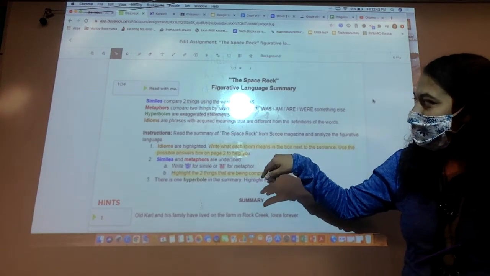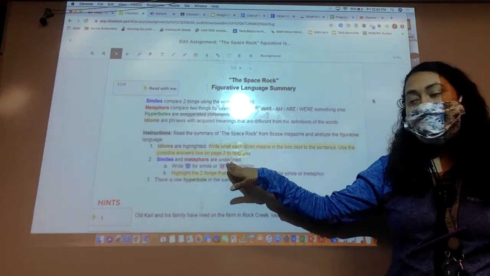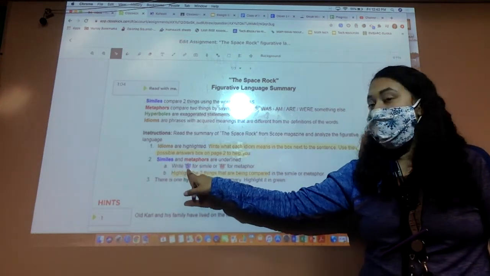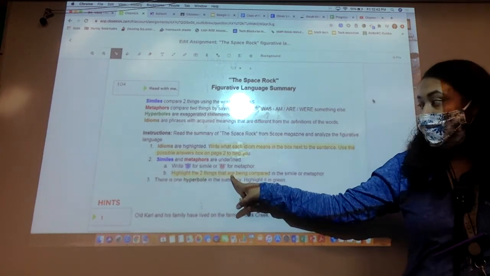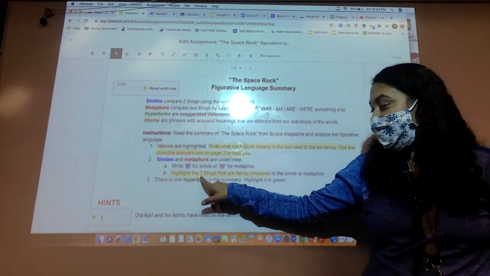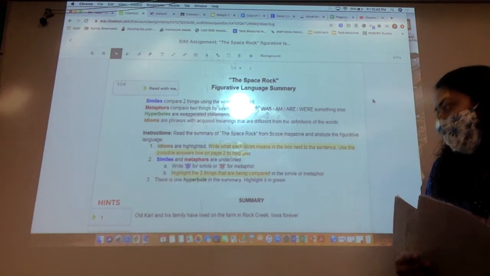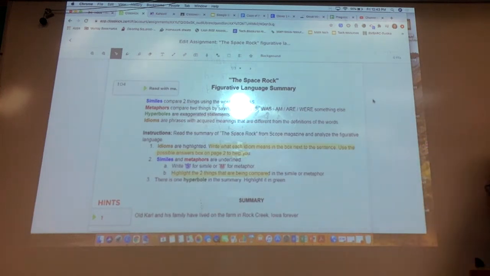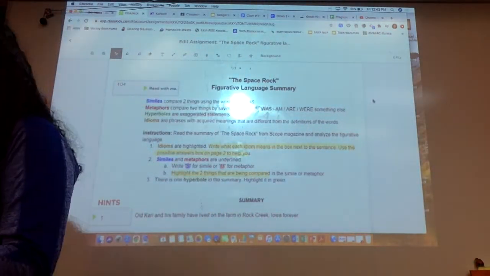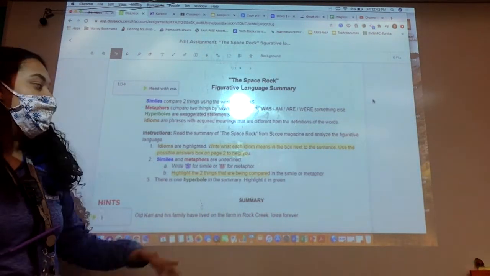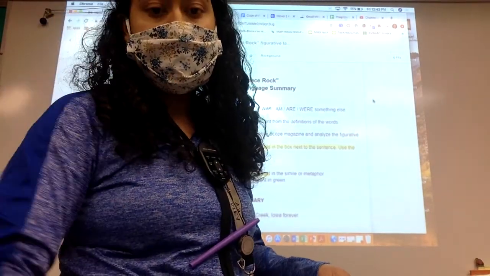Number 2, similes and metaphors are underlined. Write an S for a simile or an M for a metaphor. Then B, highlight the two things that are being compared in the simile or metaphor. 3, there is one hyperbole in the summary. Highlight it in green. So we're going to read as if we're reading through the play again, and we're going to focus on those three things, okay?